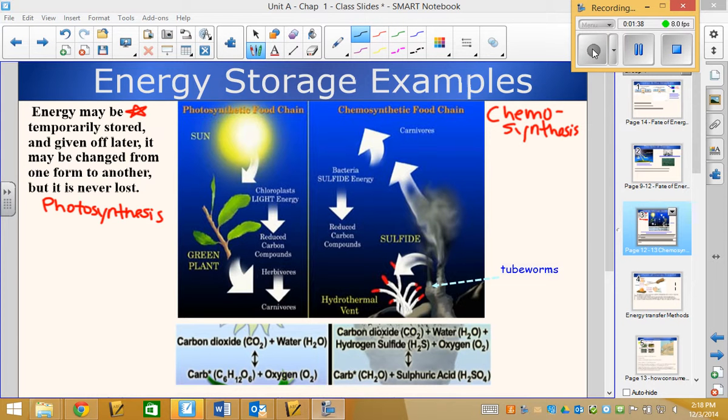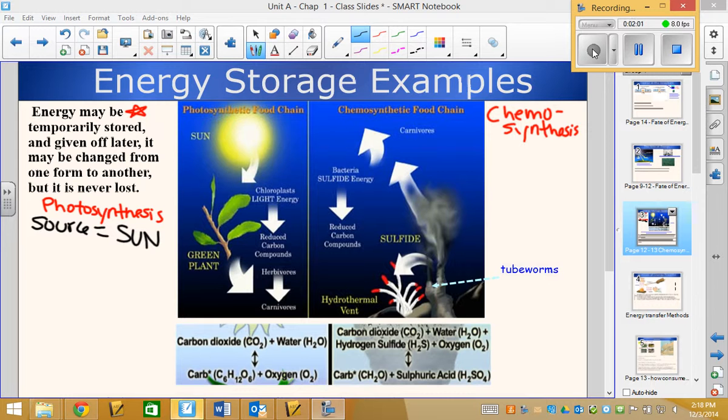We'll start with the source. In photosynthesis, the source of energy is the sun. Now, the sun is the original source of energy for pretty much everything on our planet. An exception to this is actually chemosynthesis.